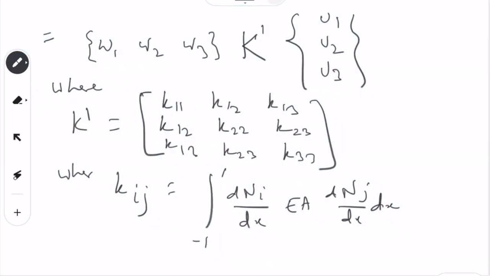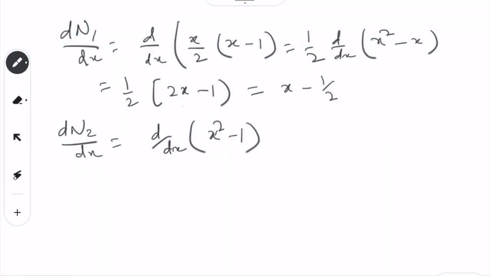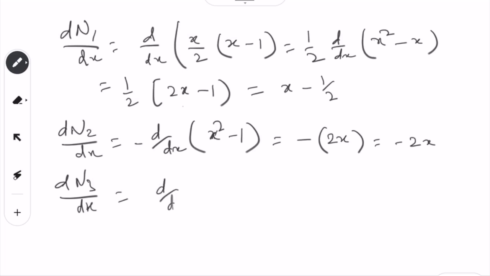So next, N2 is minus of (x square minus 1), so that at x equal to 0 you have minus 1 multiplied by minus 1, which becomes plus. So dN2 over dx is equal to minus 2x. Then dN3 over dx is equal to d over dx of x over 2 times (x plus 1).